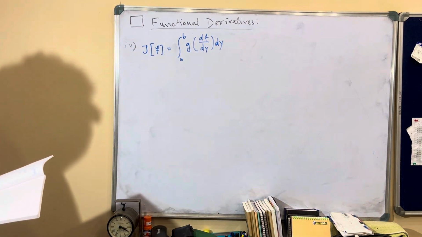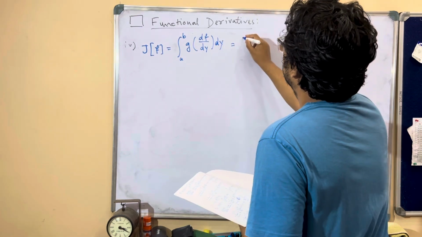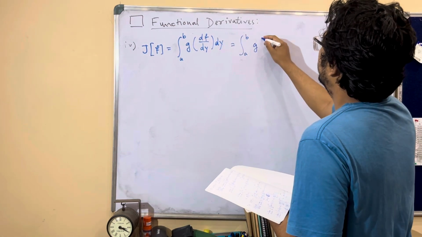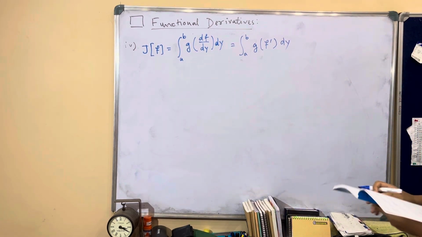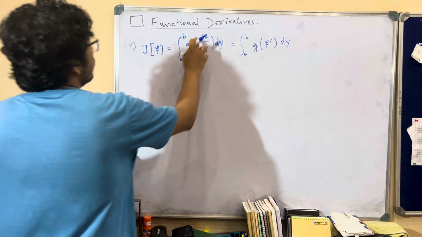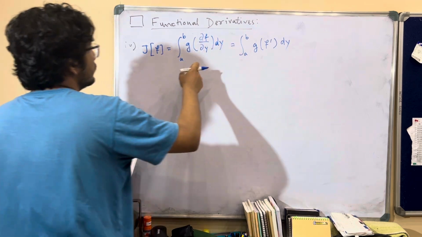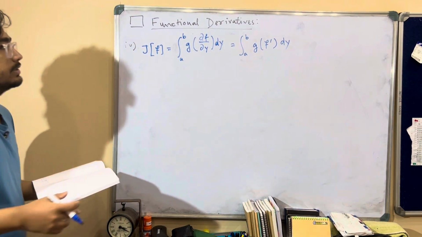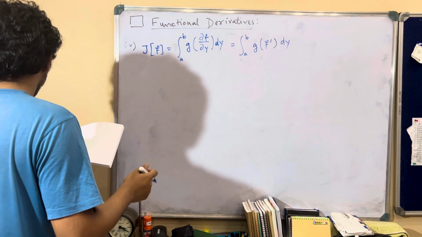I'm writing d dy of f as f prime. Let me just put a partial derivative on, because it doesn't matter if it's a function of y, so it's the partial or total derivative, it will give the same answer.